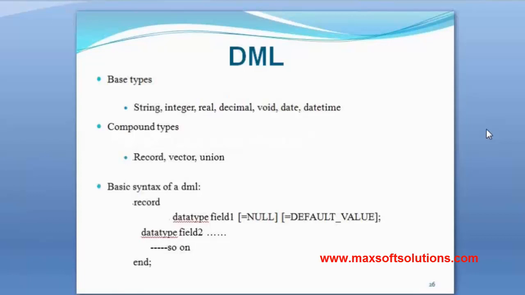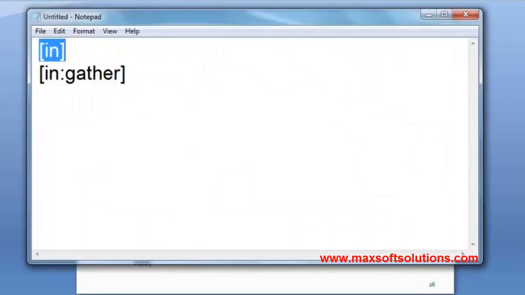Compound types like record, vector or union I have not worked on; I simply work on the base types. A record has different fields of different data types, and then we can use it as a data type while using it, right? Yes, you are correct.